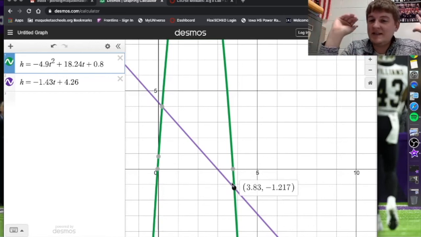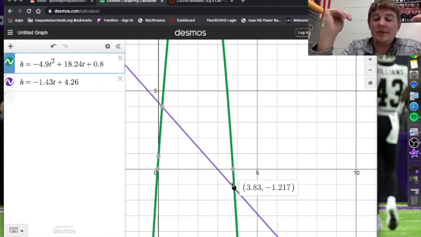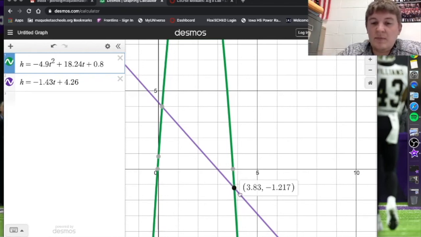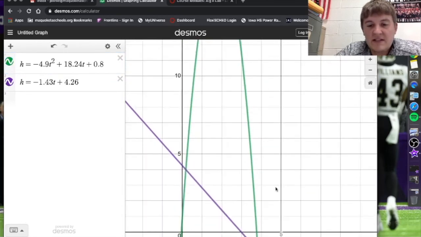Yes. But does it make sense in the context of the problem? No, because this would be a negative height, below ground. Unless there are some very extreme circumstances going on, that is not going to happen. So we really only want to look at things above the x-axis.